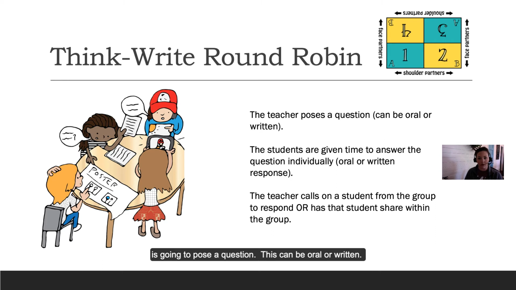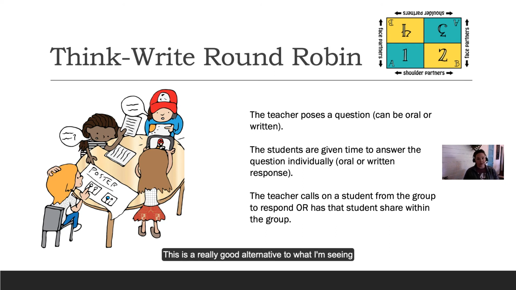This can be oral or it can be written. The students are then given time to answer that question individually. They can do this orally as they go around the table, or they can all write simultaneously. And then the teacher calls on a student from the group to respond. So they can say, okay, student 1, it's your turn to share. Or you can say, student 1, share within the group, and then you rotate through the students that way.